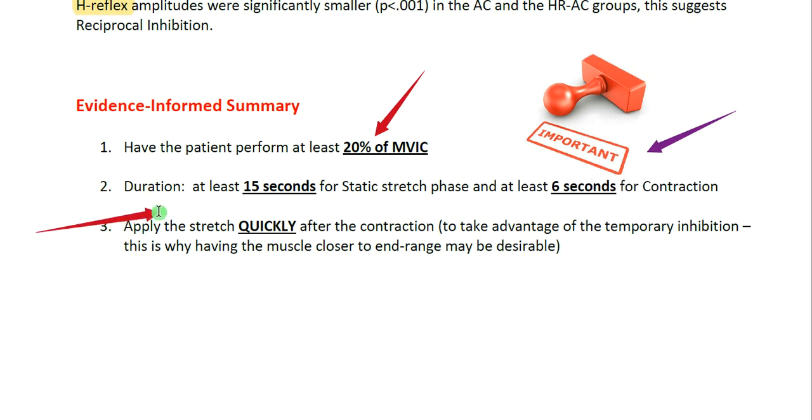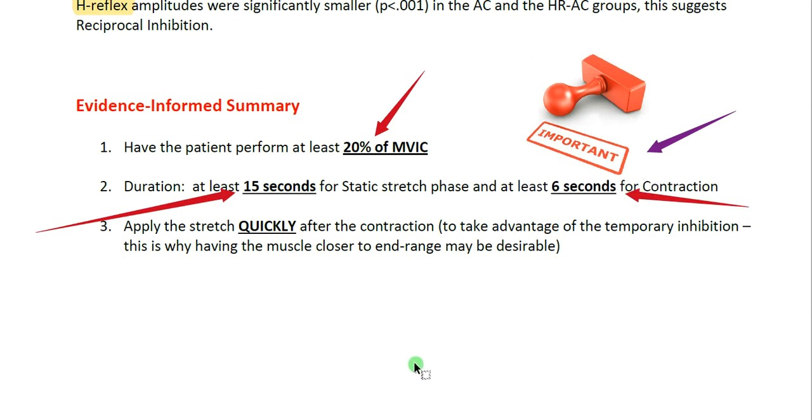It does seem to be at least 15 seconds for the static phase is necessary, although Sharman says maybe you should go until the stretch abates, which could be 15 seconds, it could be 20, it could be 30. It depends on what the patient perceives with that. However, for the GTO contraction, it does seem to be important to get at least a 6-second contraction.